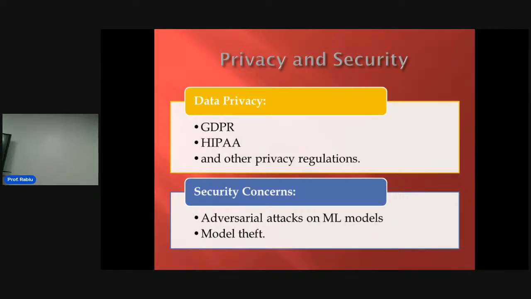Security concern: we can have an attack on the machine learning algorithm. When America was creating the ARPANET, there was an attack on where they stored their information. For that, they made it in different locations.